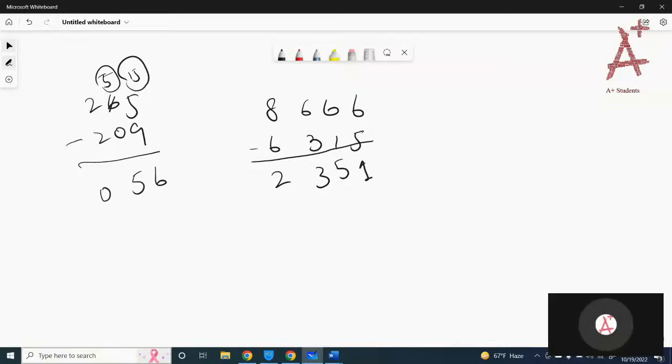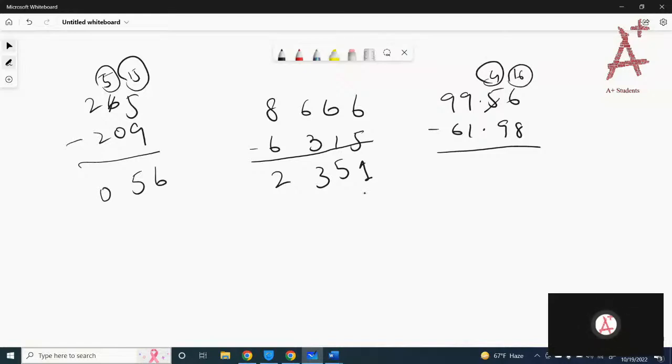Okay, the next one is 99.56 and subtract 61.98. So start subtracting the ones digit. You cannot subtract 8 out of 6. So you need to borrow 1. Here you have 4 and here you have 16.